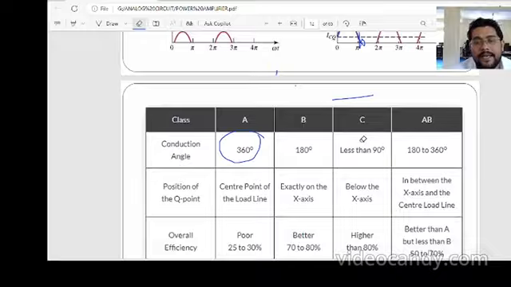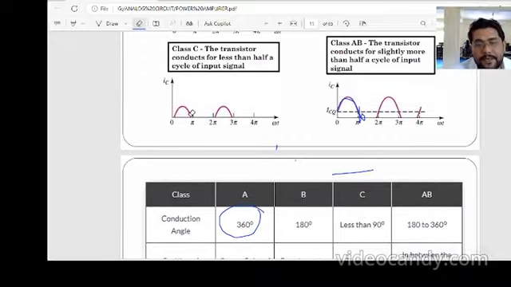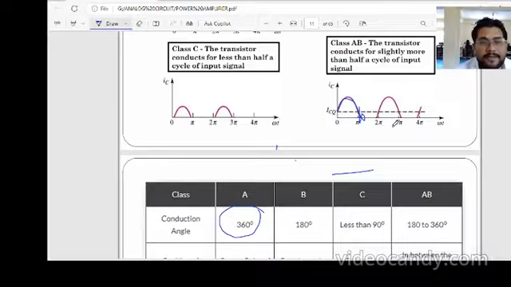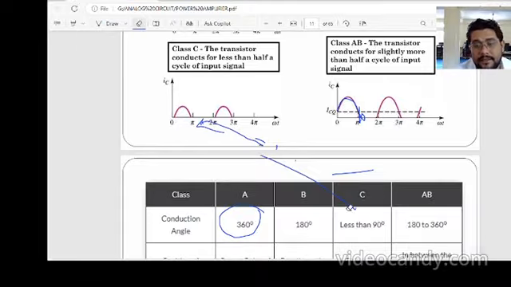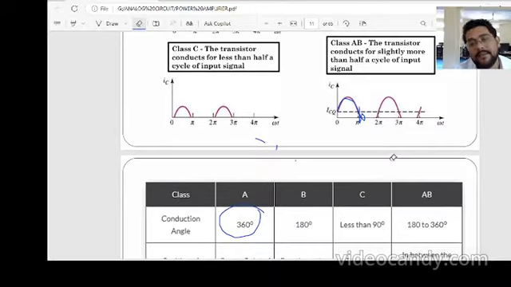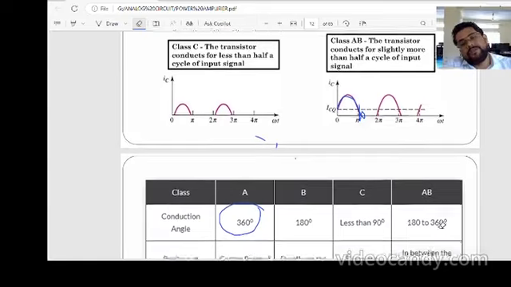Then class C conducts less than pi. This is the class C example we have seen. Regarding the conduction angle, they will ask in the question: the conduction angle is 360 for class A, 180 for class B, and less than 180 for class C.